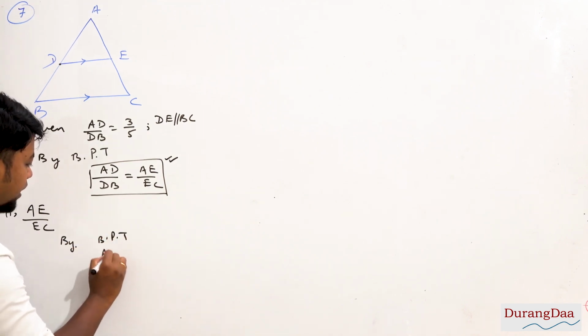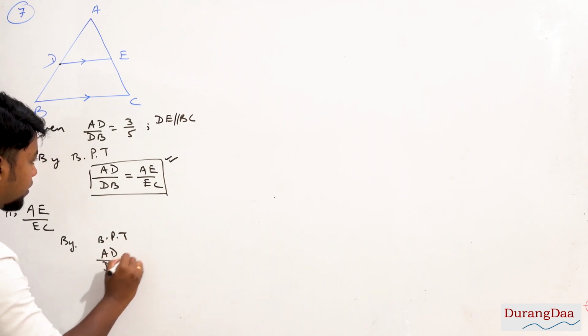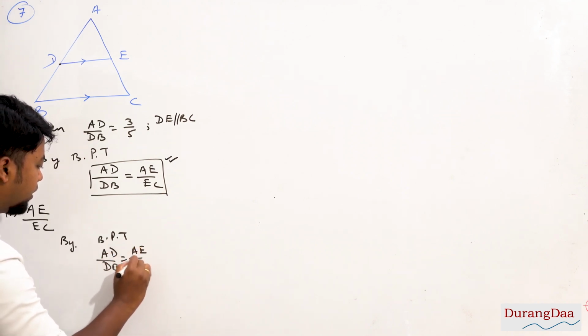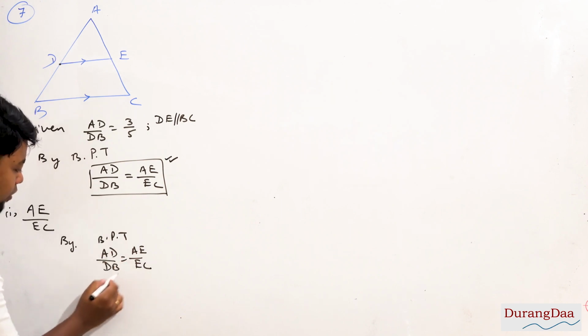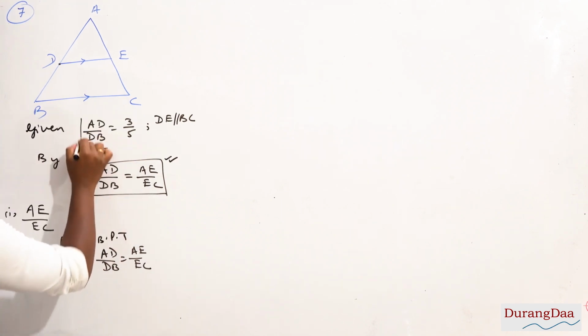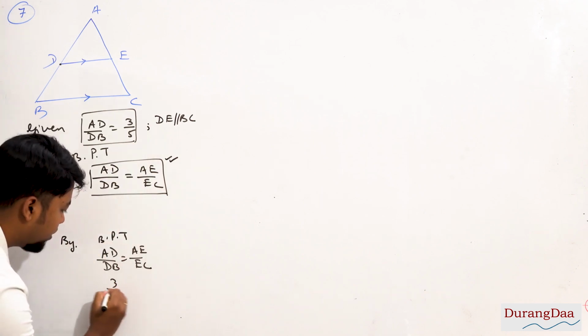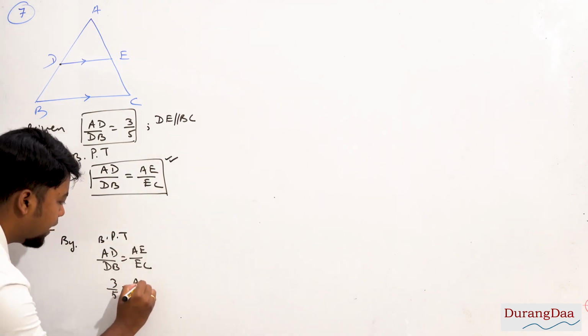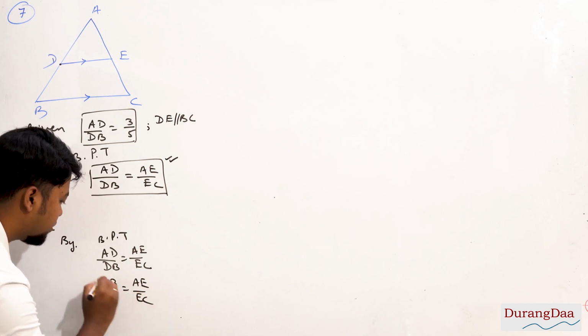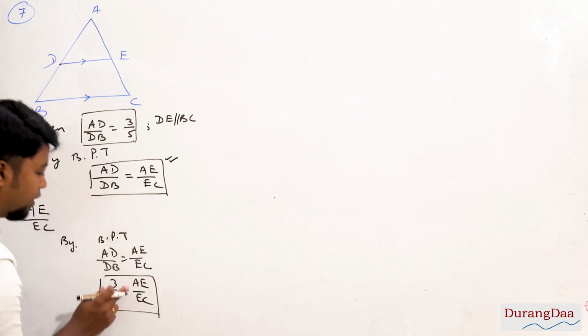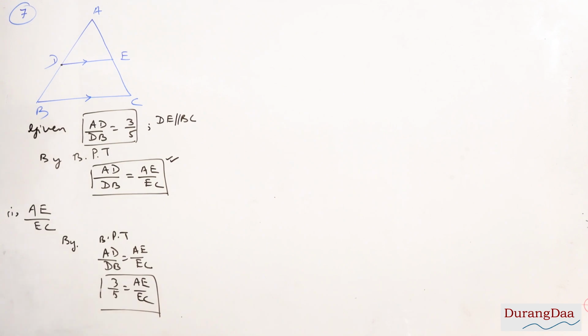We have AD by DB is equal to AE by EC. But the value of AD by DB we already have. AD by DB is how much? 3/5. Substitute it here. So 3/5 equals AE by EC. So the first answer we got: the value of AE by EC is 3/5.